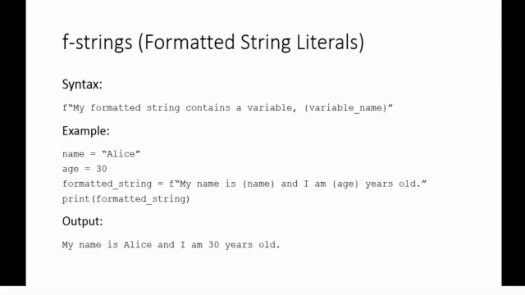Notice that F is placed at the beginning, followed by double or single quotes which enclose the formatted string, in the form F quote open formatted string quote close. Example. In the example below we give the output, "My name is Alice and I am 30 years old."